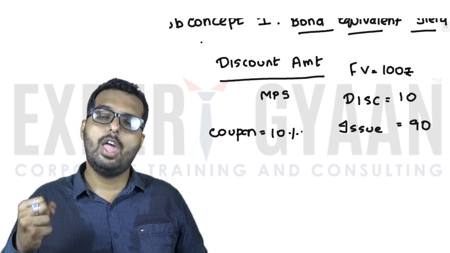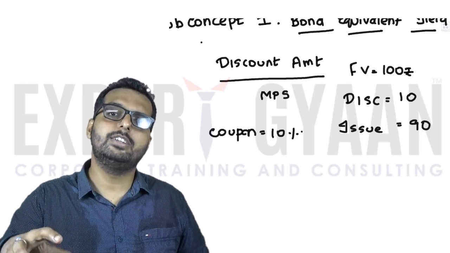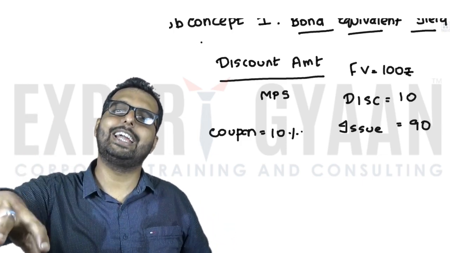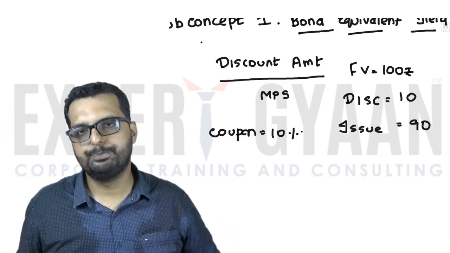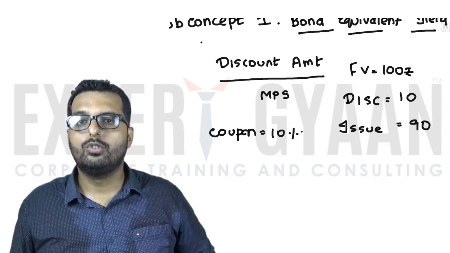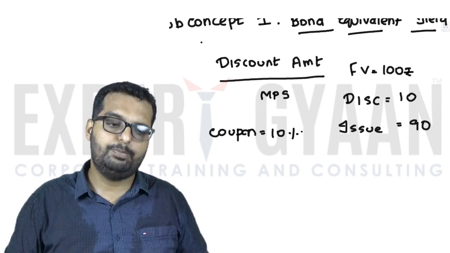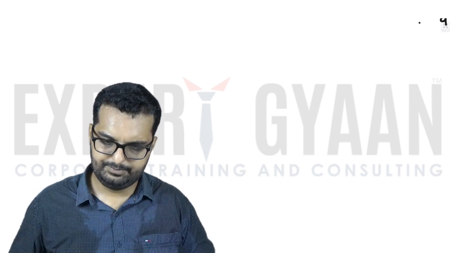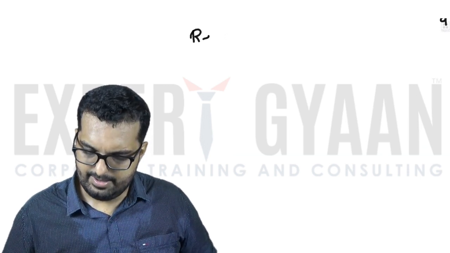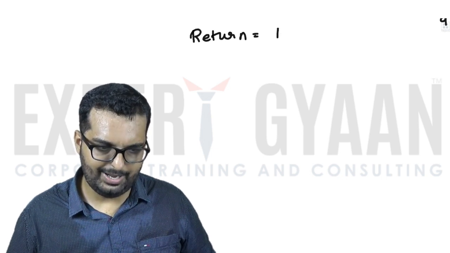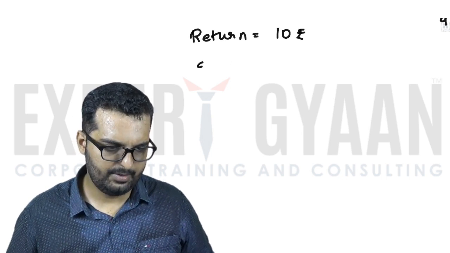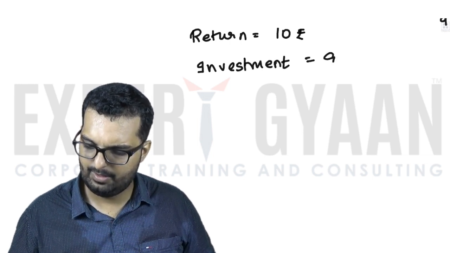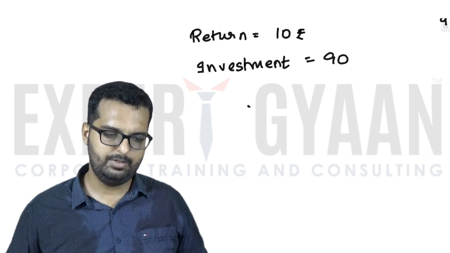So now 10 rupees is the return I am getting as an investor for investing 90 rupees in the bond. So friends, indirectly speaking, can I not say that the return that I am getting in my hand is 10 rupees for my investment, which is 90 rupees.